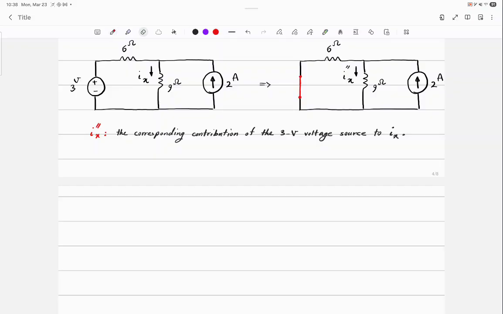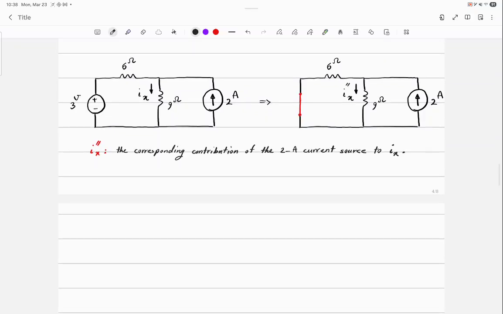What's the only thing that I should change here? The 2 amp current source. Agree with that? I double prime is the corresponding contribution of the current source.